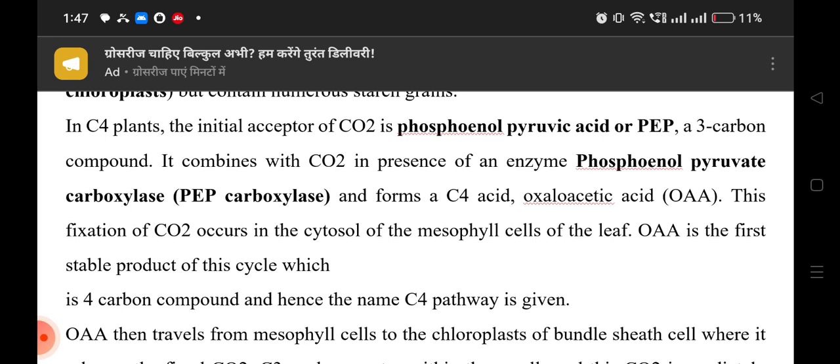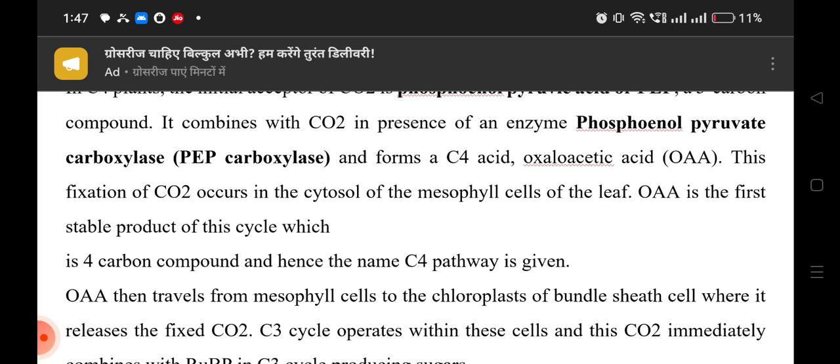Carbon fixation takes place here and occurs in the mesophyll cells. Oxaloacetic acid is the first stable product of this cycle. In the mesophyll cells the C4 acid, OAA, oxaloacetic acid, is formed.